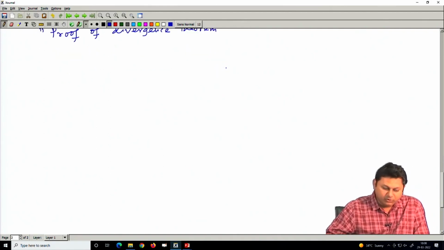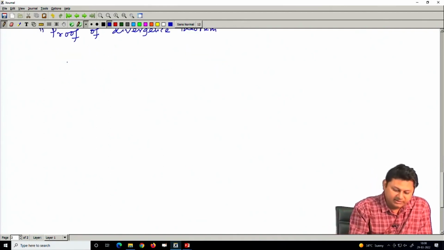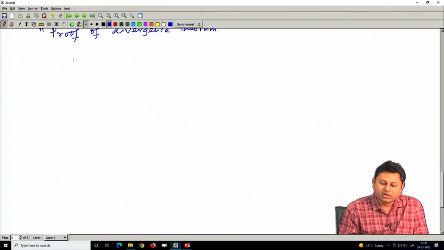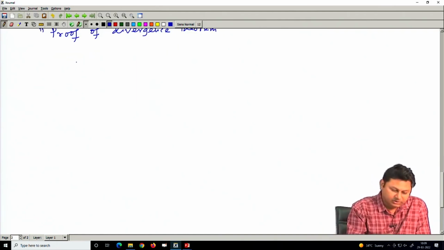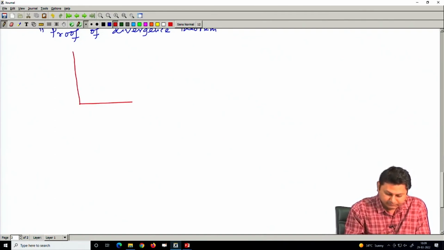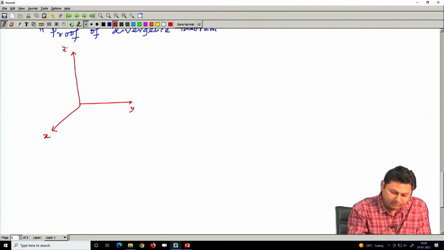In order to prove it, we are going to use the Cartesian coordinate system, but it is true for other coordinate systems also. In the Cartesian coordinate system, it is easier. So, I have a coordinate system x, y, z and a small volume element here somewhere.